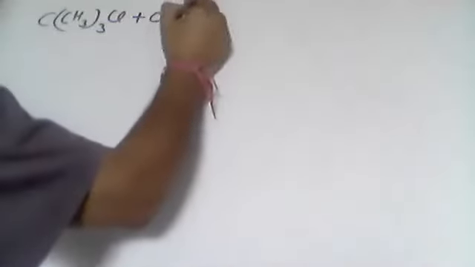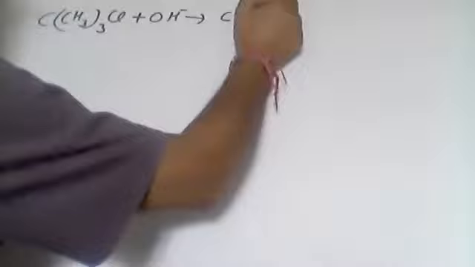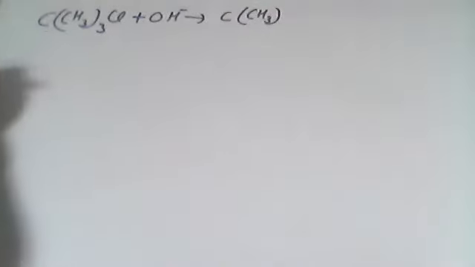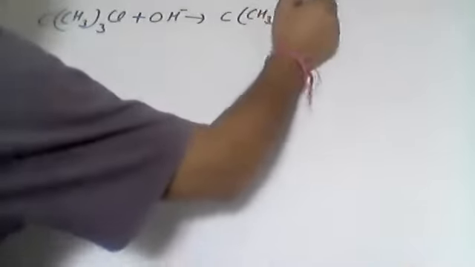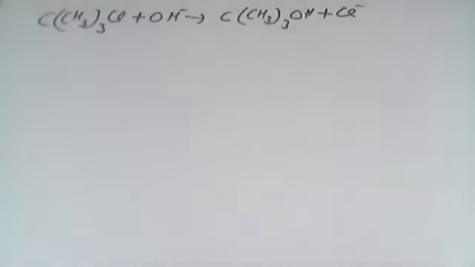Okay. So here is (CH3)3Cl plus OH negative gives (CH3)3OH plus Cl negative.